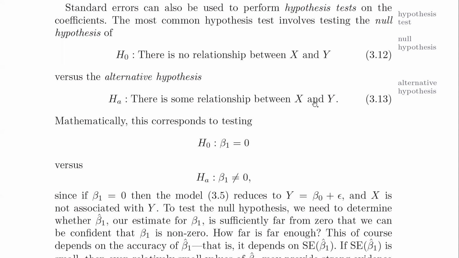So mathematically, we're going to take this phrase in simple English, there's no relationship, and write it mathematically. This corresponds to testing that the slope is 0 against that the slope is not 0.